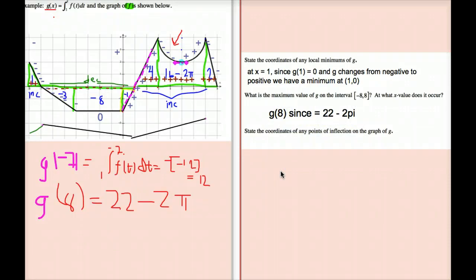The last part says state the coordinates of any points of inflection. We know that we have a point of inflection when I go from concave up to concave down. So if I take a look, I have negatives, then I hit 0, and remember I'm looking at my purple plus signs. Then I have positives, and then I see them switch. I have a positive to negative right here, and that happens when x is equal to 3.